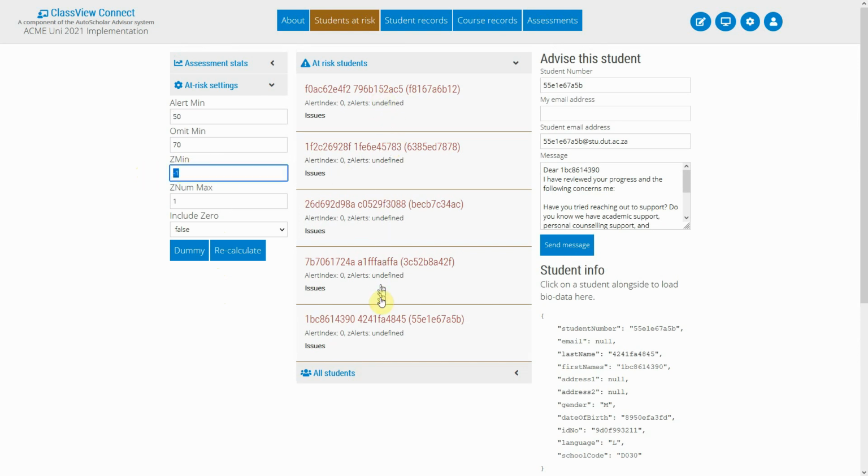So instead, it's taking the students with the lowest overall assessment mark here. So whatever your criteria, the system tries to find the most underperforming students in that course overall, looking at all the assessments being written. So that's at risk.